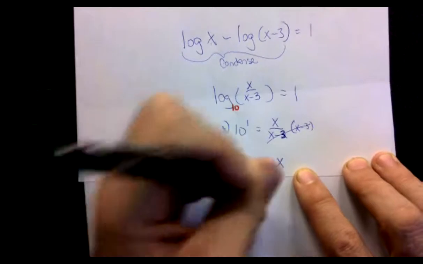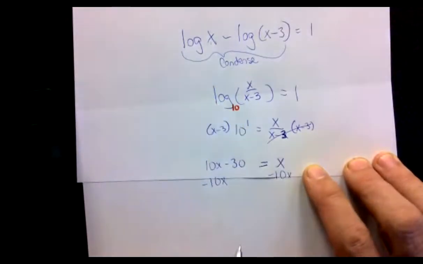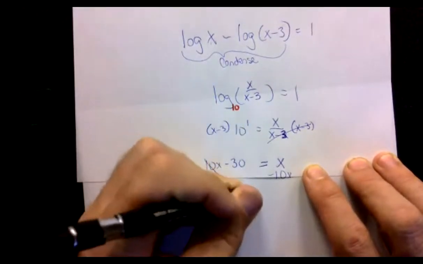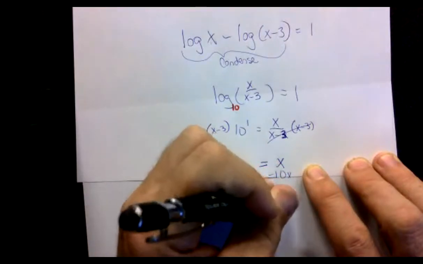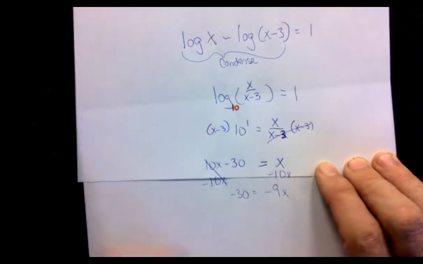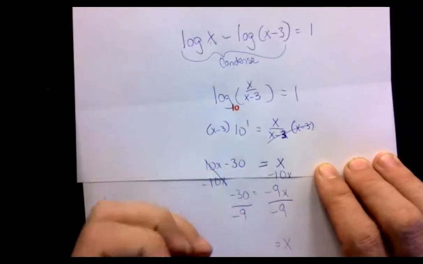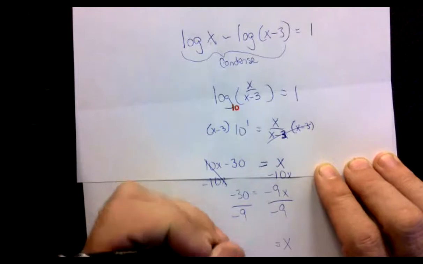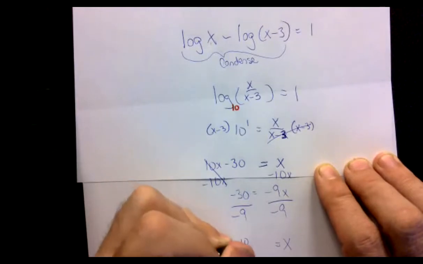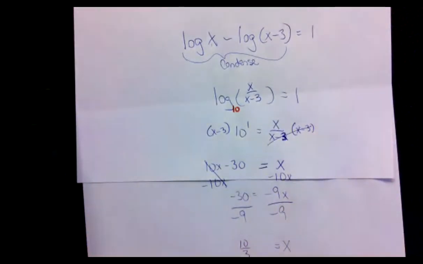Okay, we're going to get our x's on the same side. 1x minus 10x is negative 9x. Divide, divide. X is negative 30 over negative 9, or 10/3, or 3.3 repeating.